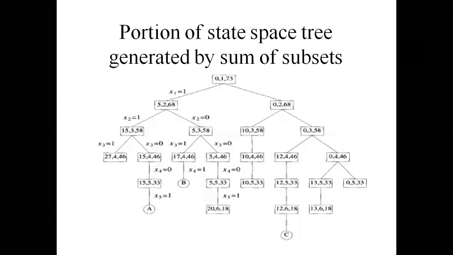So the bounding function is the sum of the weights with xi equal to 1, plus the remaining sum of weights, from i equal to k plus 1 to n. The total should be greater than or equal to our value.